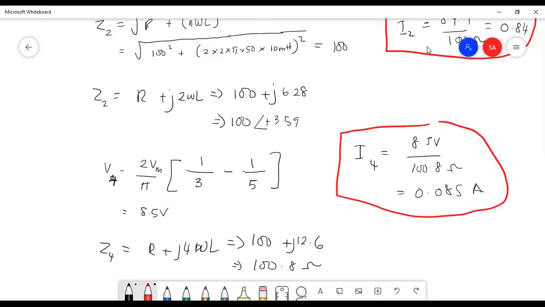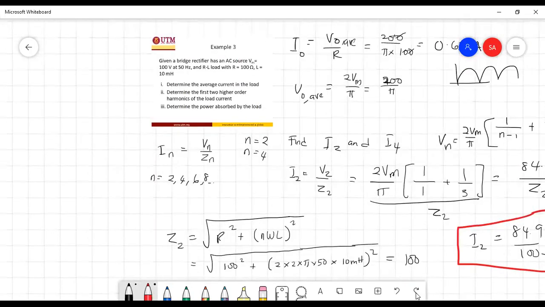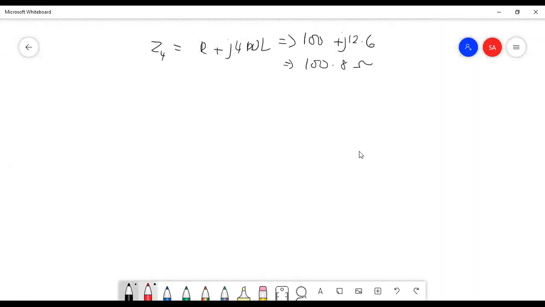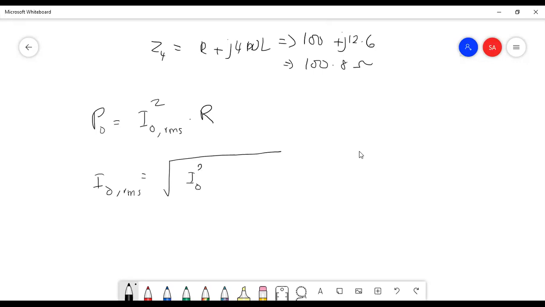So we have already answered the second question. The third question: determine the power absorbed by the load. You need P out equal to I out RMS squared multiply with R. Right now, I out RMS squared is equivalent to Io square plus the summation of In squared.